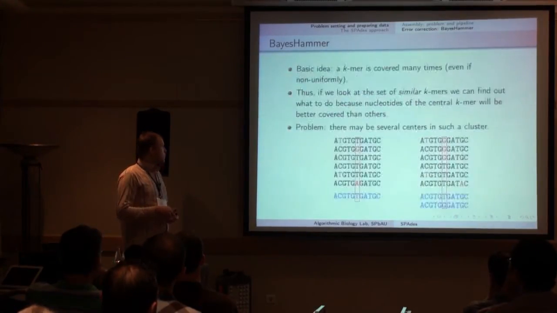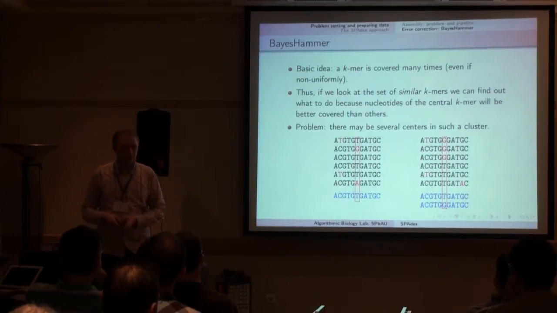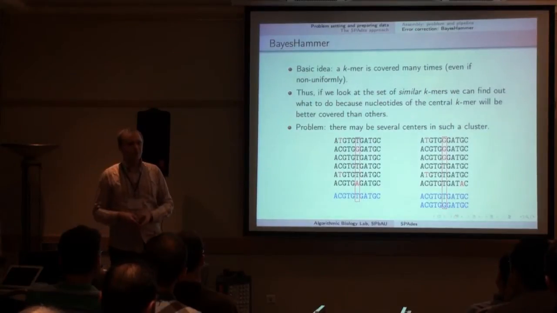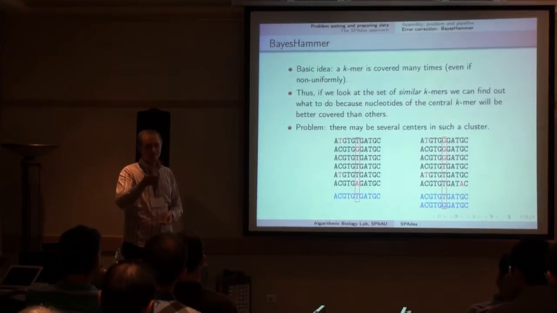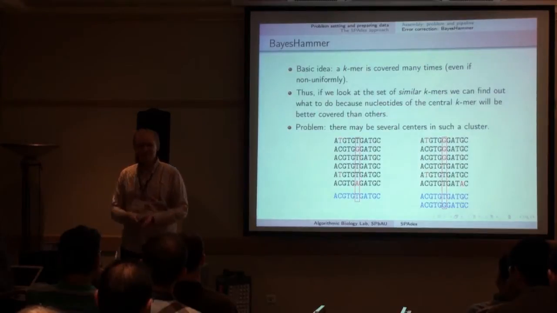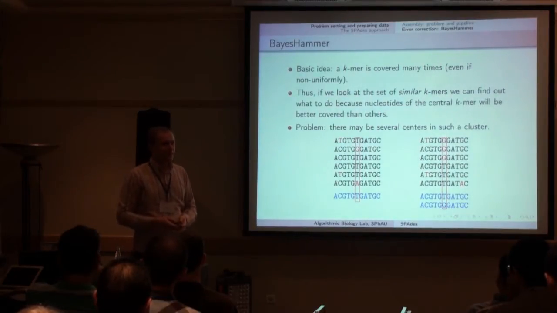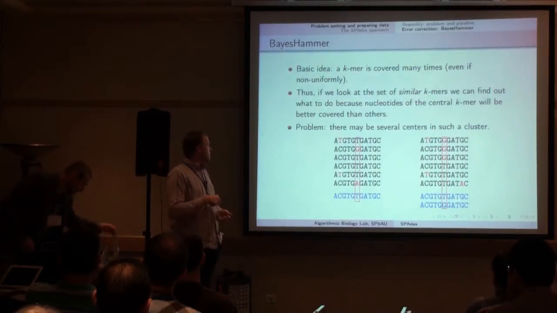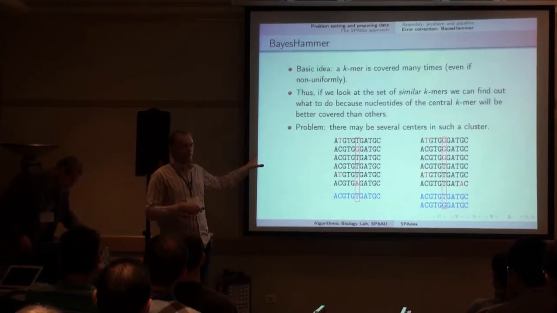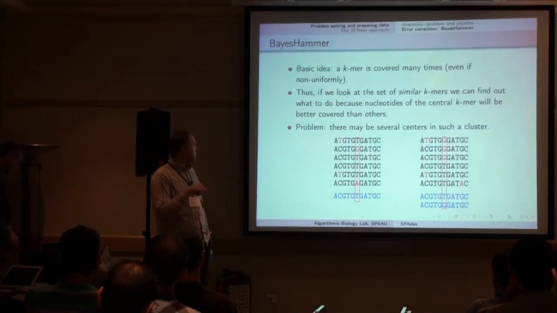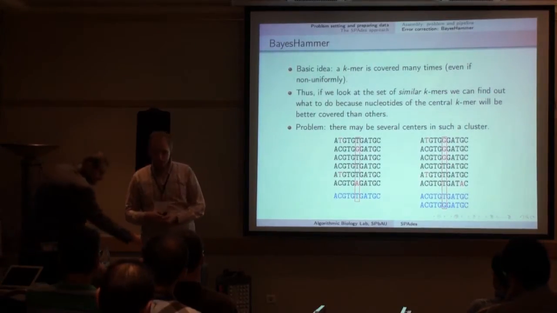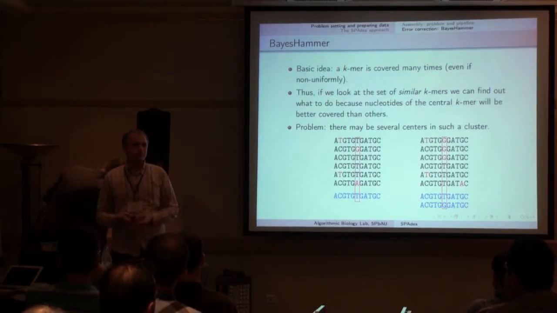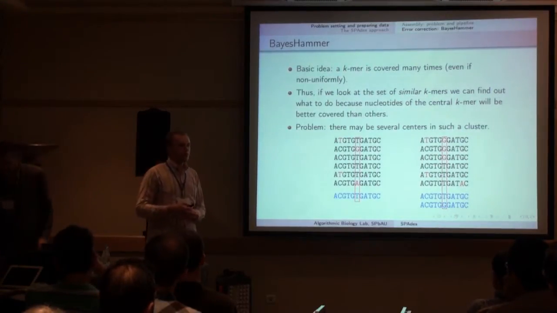So what you can do, and what is the idea of Hammer, which was originally presented by Paul Medvedev, who is here in the audience, and later extended into BayesHammer, which is now a part of SPAdes, is to look at k-mers locally. So if you look at a set of similar k-mers, then of course, well, it's still not a given, but you can kind of assume that they come from the same part.